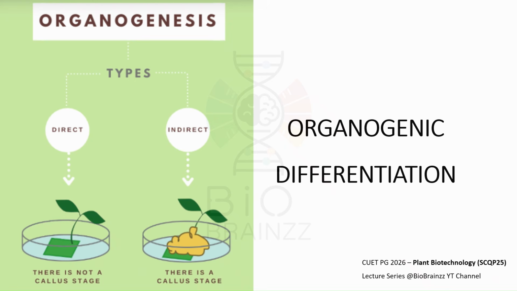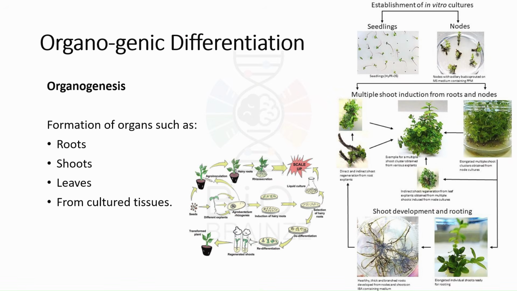We now move to developmental pathways, specifically organogenetic differentiation. Organogenesis refers to the formation of organs such as roots, shoots, and leaves from cultured tissues. This process is strongly influenced by the balance of plant hormones in the medium.